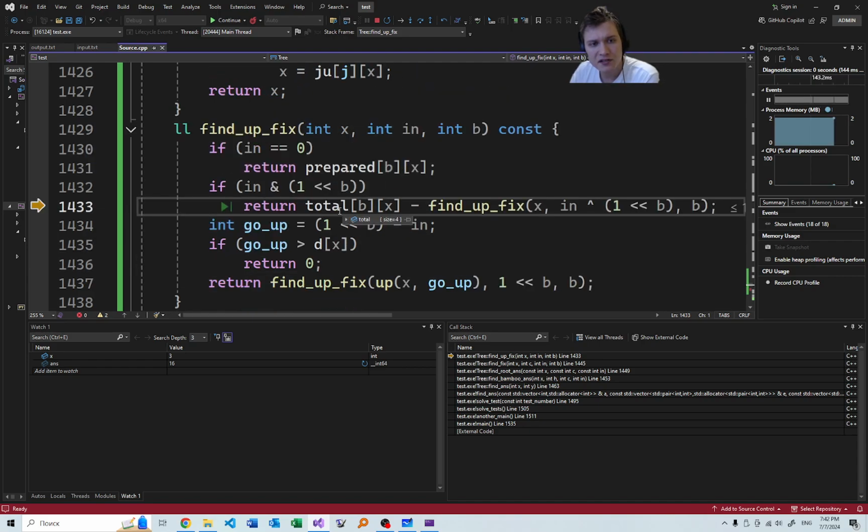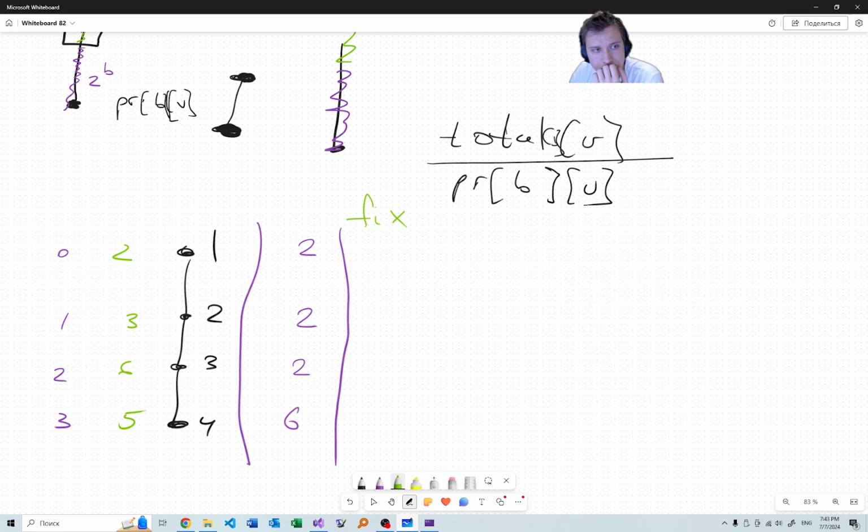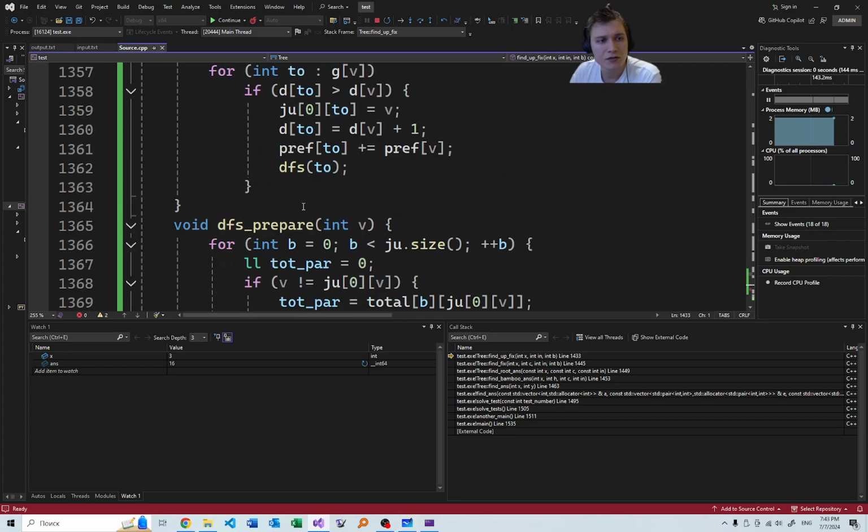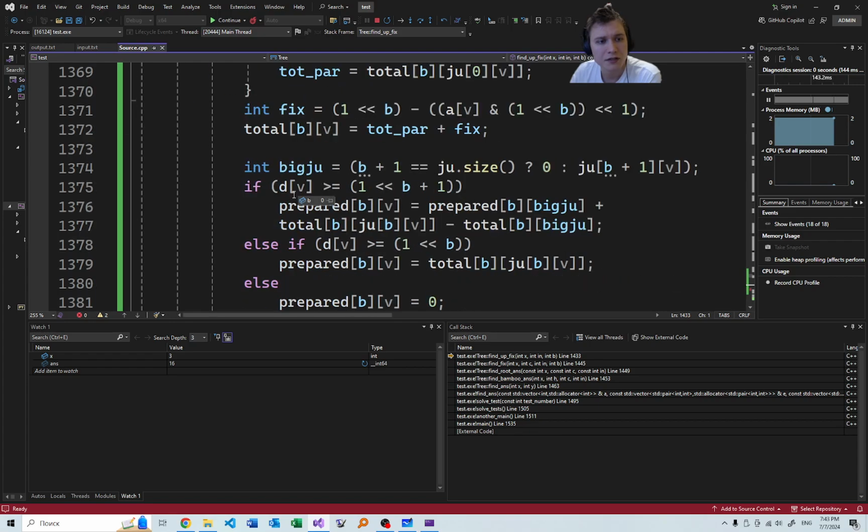Okay, it's saying that it is total bx. Hmm. No, it's not fine. Why is total so much incorrect?